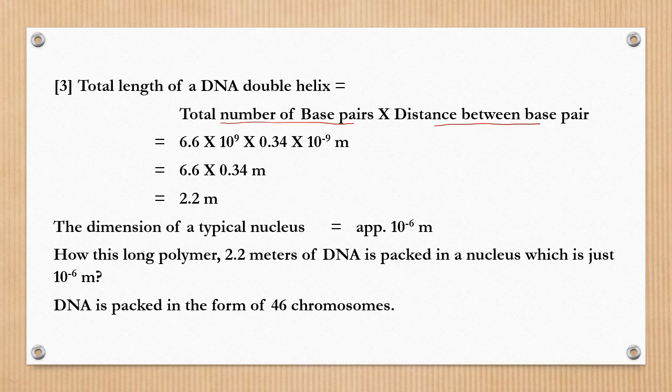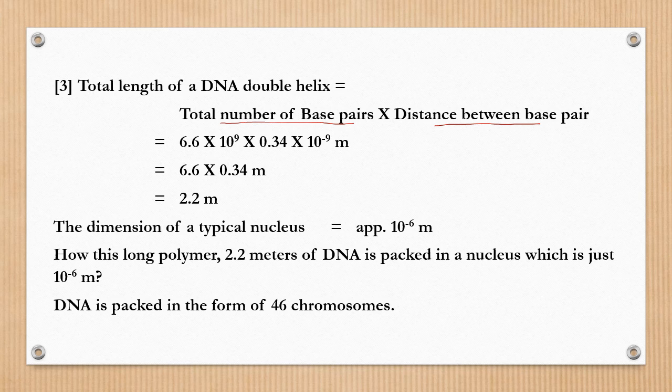Then you will get the length of the DNA double helix in a diploid human cell. The total number of base pairs in diploid condition is 6.6 into 10 to the power of 9, into the distance between base pairs, 0.34 into 10 to the power of minus 9 meters.